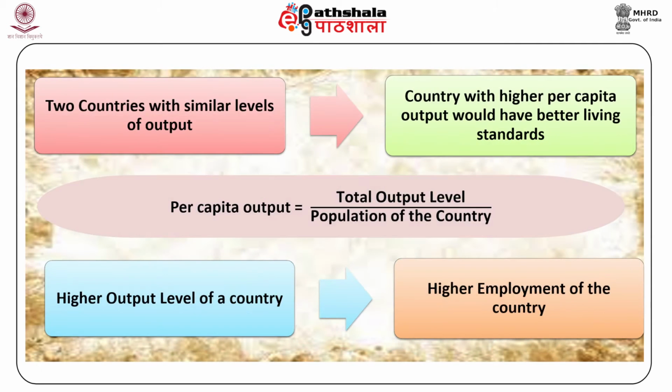If two countries have similar output levels, then the country that has higher per capita output is likely to enjoy better living standards. The per capita output level may be computed as total output level divided by the population of the country. A higher level of output would also imply higher employment in an economy.